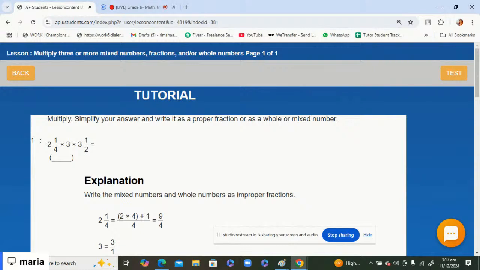Now here, look, there are three or more than three. Like in the previous one we are just having two mixed numbers, but in this one sometimes we are having two mixed numbers with one whole number, or one in the form of fractions like proper or improper. Okay, so let's do it.